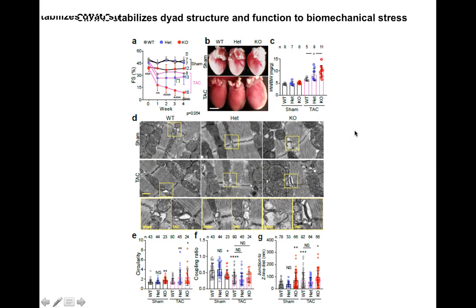Also, we found further damage in the knockout heart after TAC surgery in terms of the architecture of the cardiac dyads, as seen from the EM images and also indicated by changes in multiple parameters that are important for efficient EC coupling.